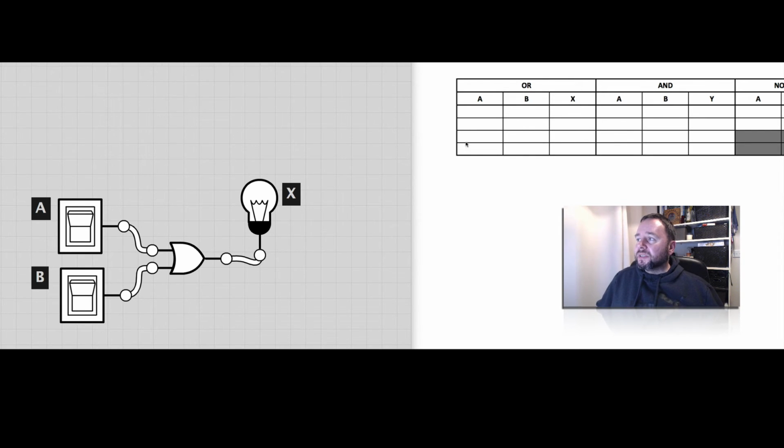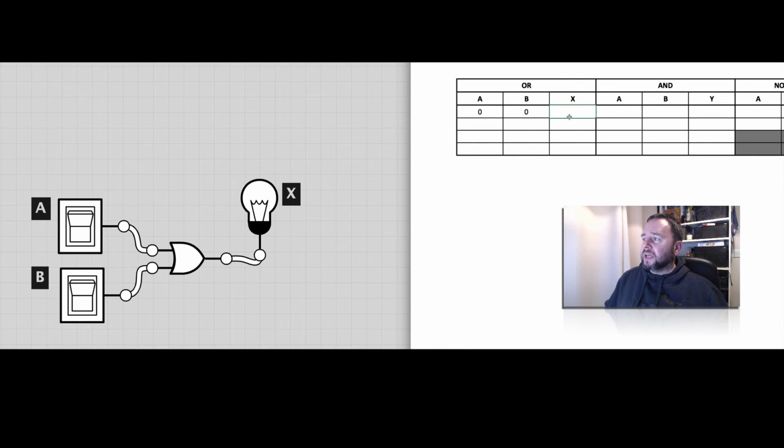Okay, this is what the truth table looks like for an OR gate. A is this, B is all the possibilities of this, and X is all the possibilities of what happens when you feed A and B in. So for example, one option is we could have them both off like we have now. A or B. Is A on? No. Is B on? No. Are they both on?